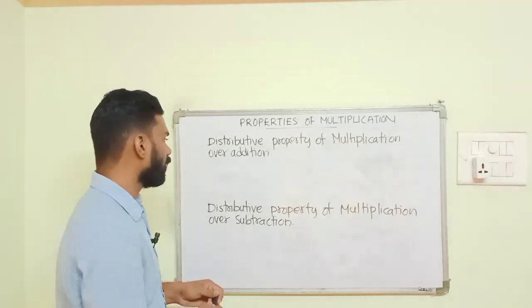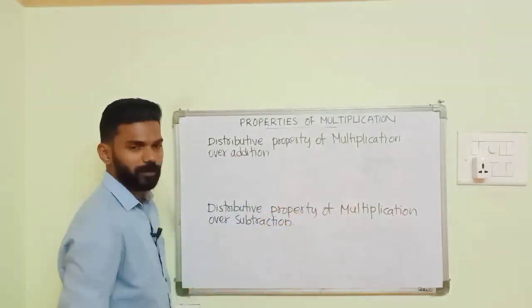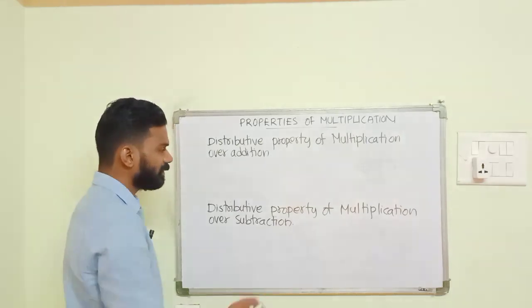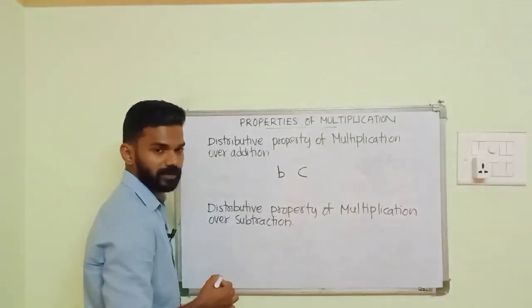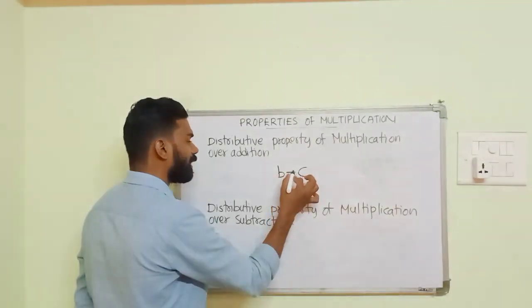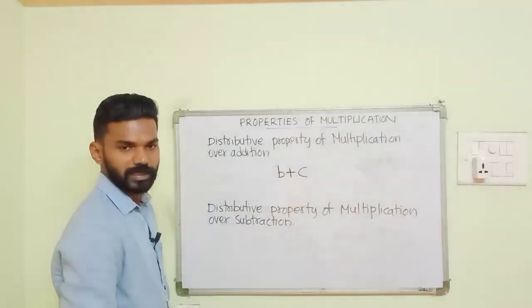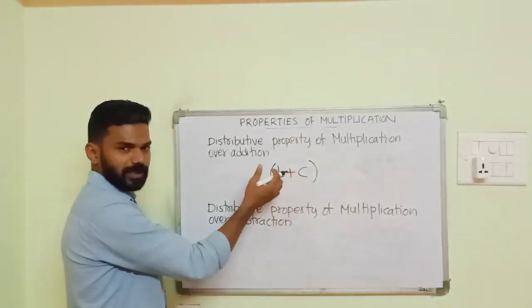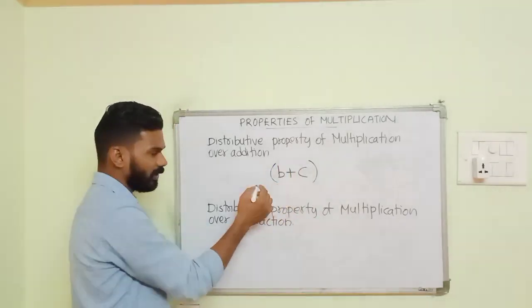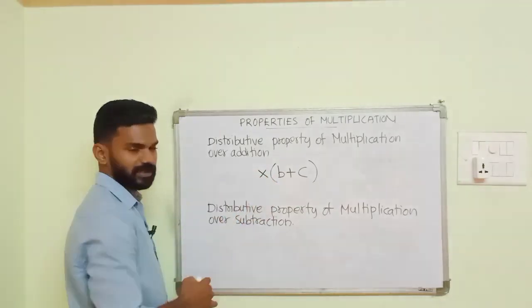According to the distributive property of multiplication, suppose there are two numbers b and c, and these b and c are added. To this answer, whatever you got, we need to do some multiplication.